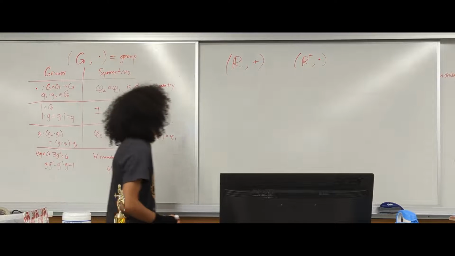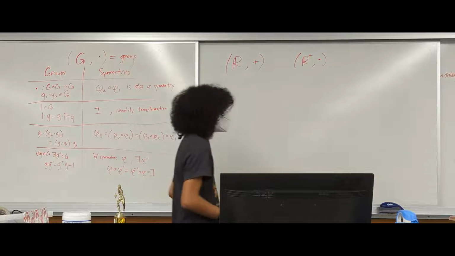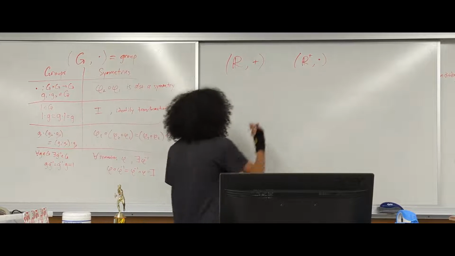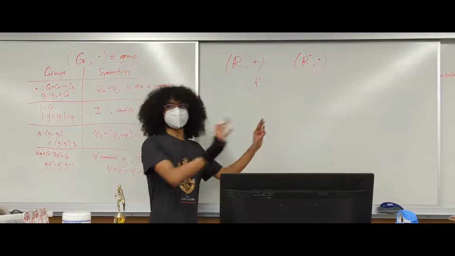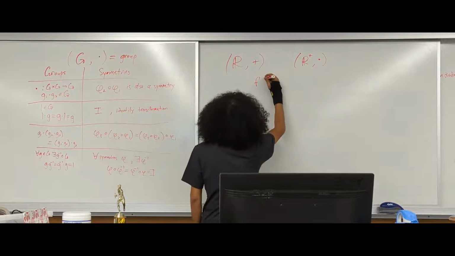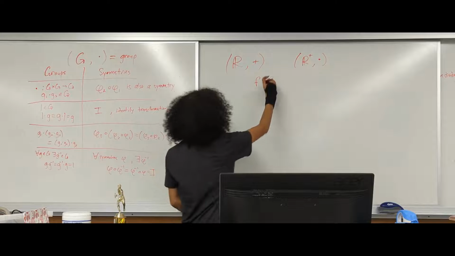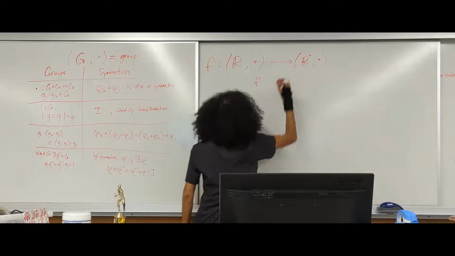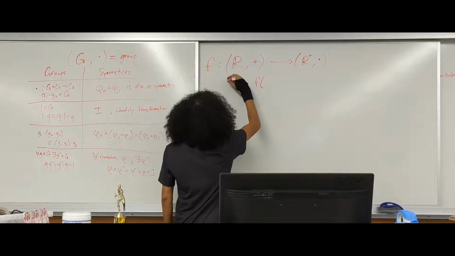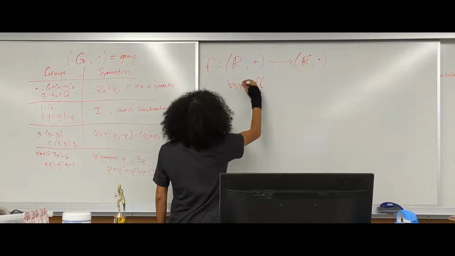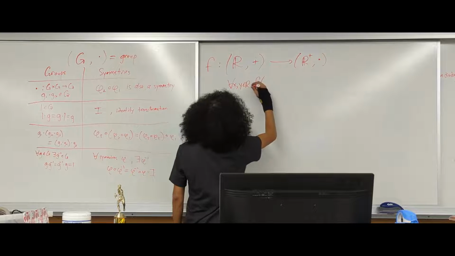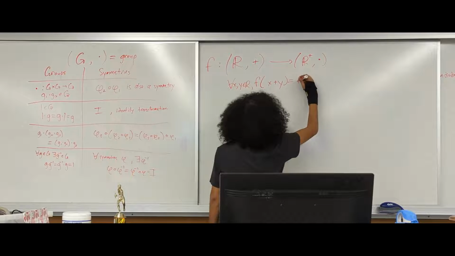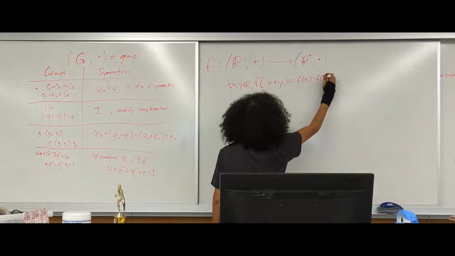Okay. So what I'm saying here is that we want a function. This isn't going to help you, but I'm just being more explicit. Let's call it f. So this is the domain of f. That's the range of f. For all x, y in the reals, f of x plus y is equal to f of x times f of y.